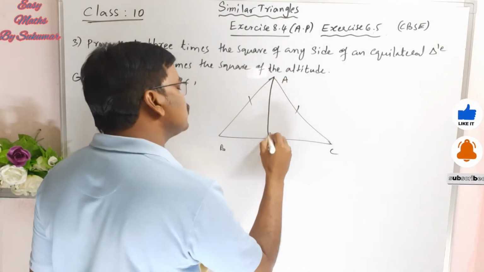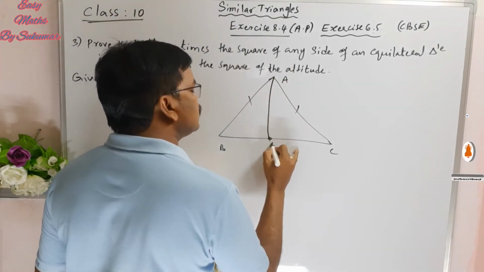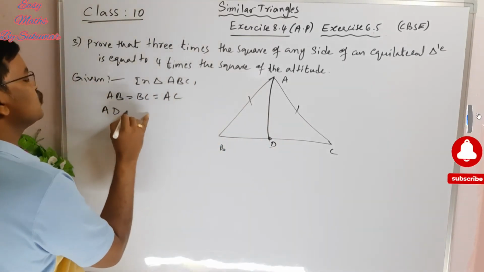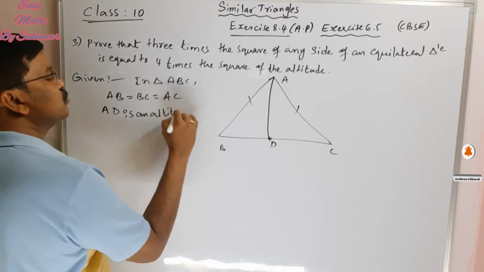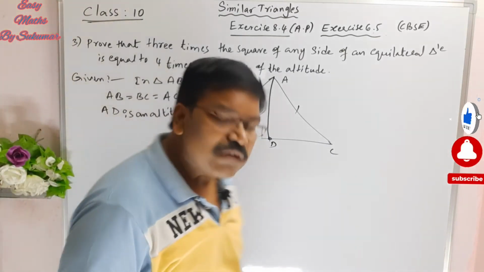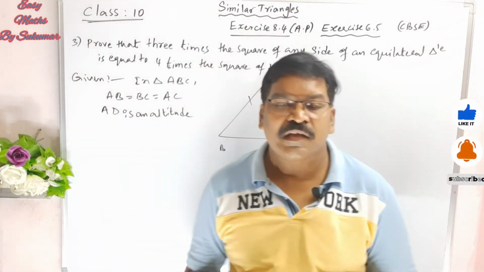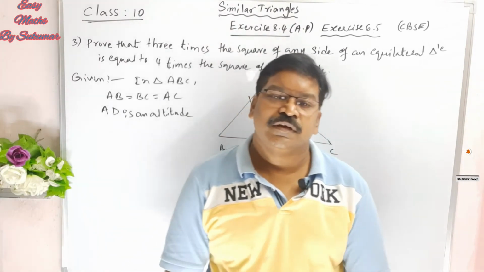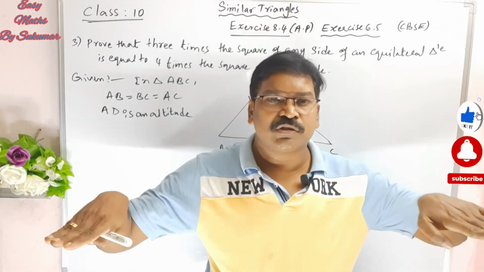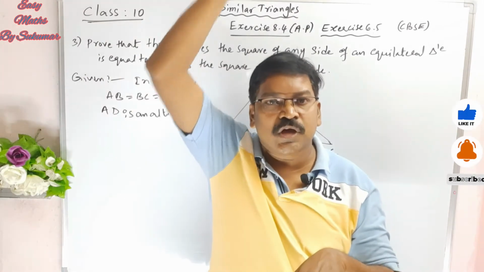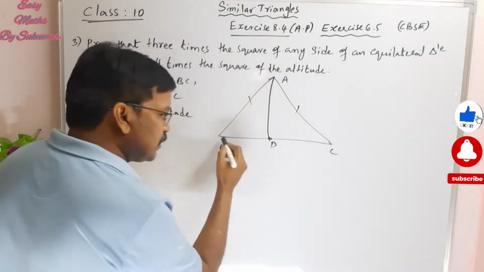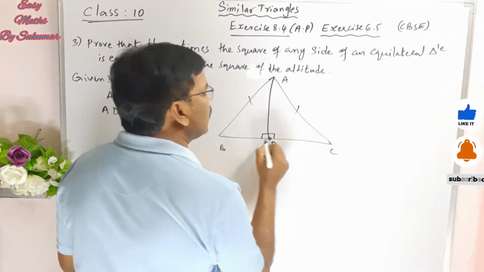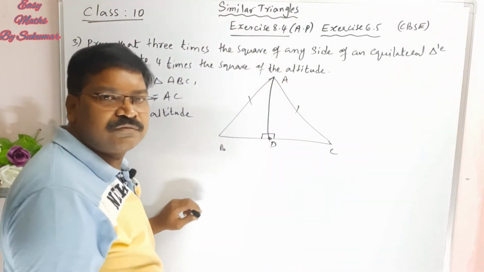That means this is an altitude. Here AD is an altitude. Altitude means what? In the last class also I have told you. Altitude means a line which is perpendicular to the base and also passing through the opposite vertex of the triangle.